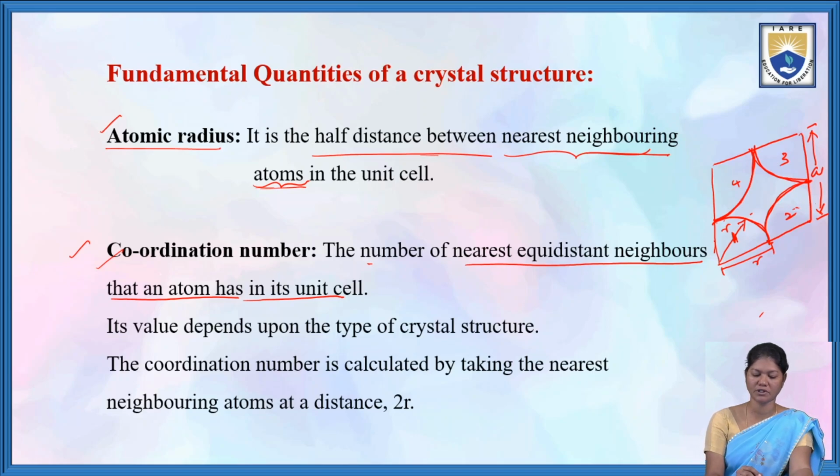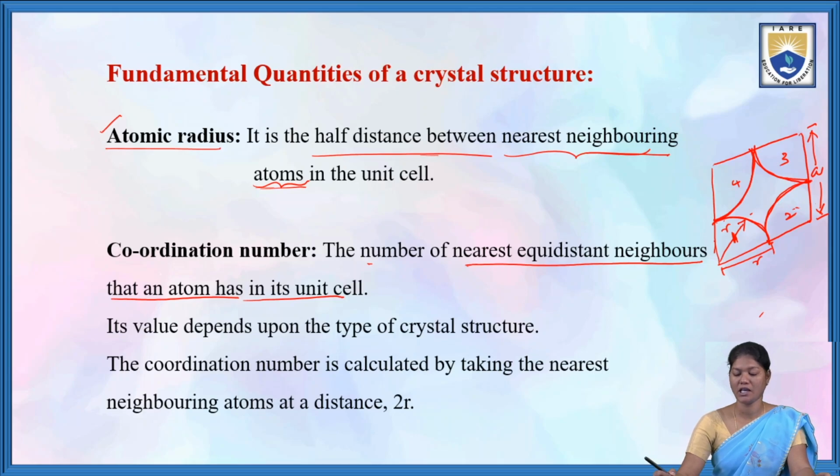Now we are talking about the coordination number: the number of nearest equidistant neighbors that an atom has in its unit cell. How many atoms are nearer at a distance of 2r?